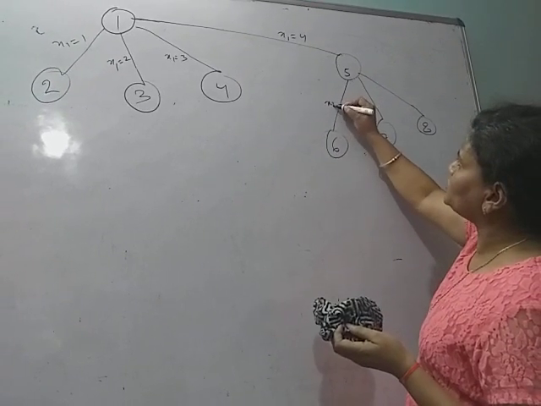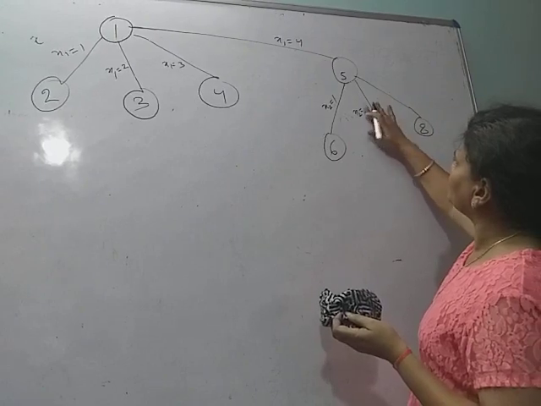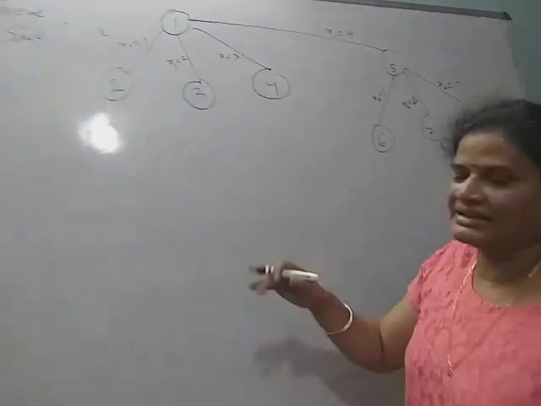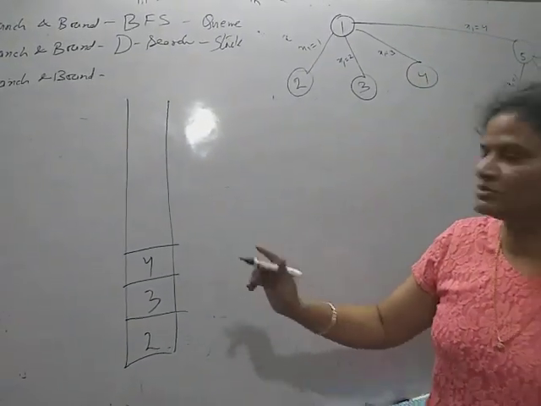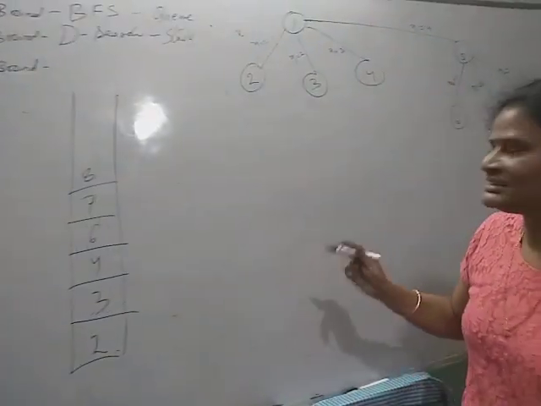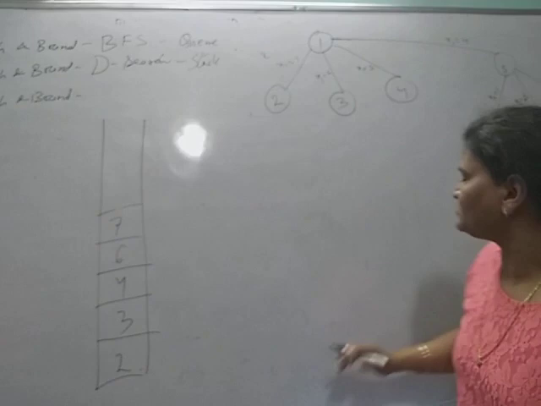So X2 equal to 1, X2 equal to 2, X2 equal to 3: 6, 7, 8. And these live nodes are pushed onto the stack. The next live node, 8, the topmost element, will become the E node.